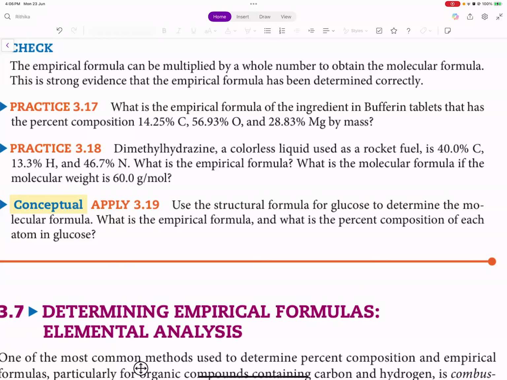So what's it for magnesium? 24. But did you check the periodic table? It hasn't come yet.